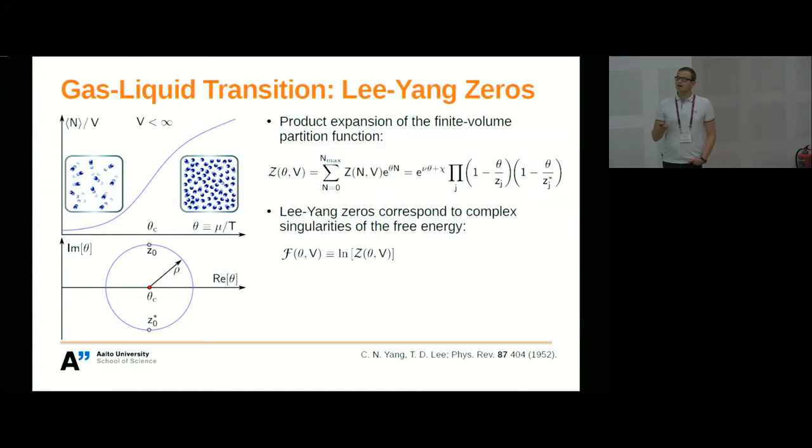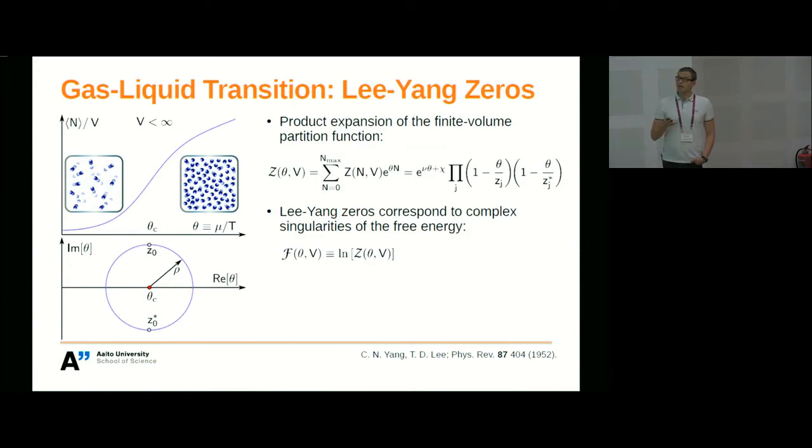And for an analytic function, I have a product expansion which essentially looks like this. So nu and chi are some constants here, which are irrelevant from here onwards. And the objects Cj and Cj star, which denotes the complex conjugate, are the Yang zeros. So these are basically the complex values of theta at which the grand canonical partition function vanishes.